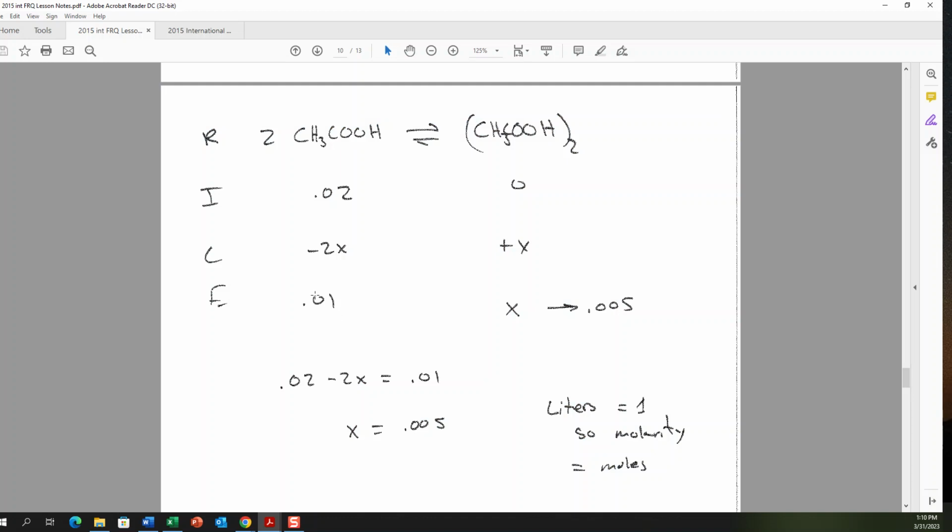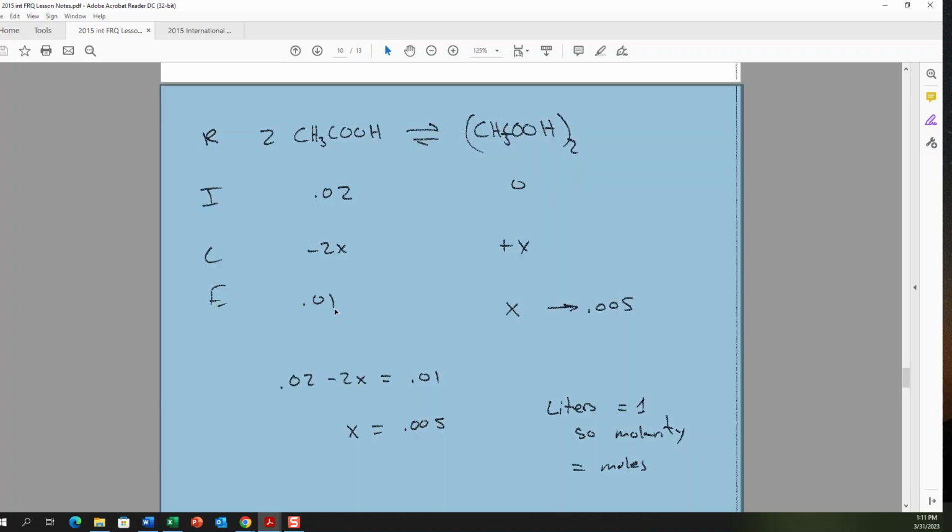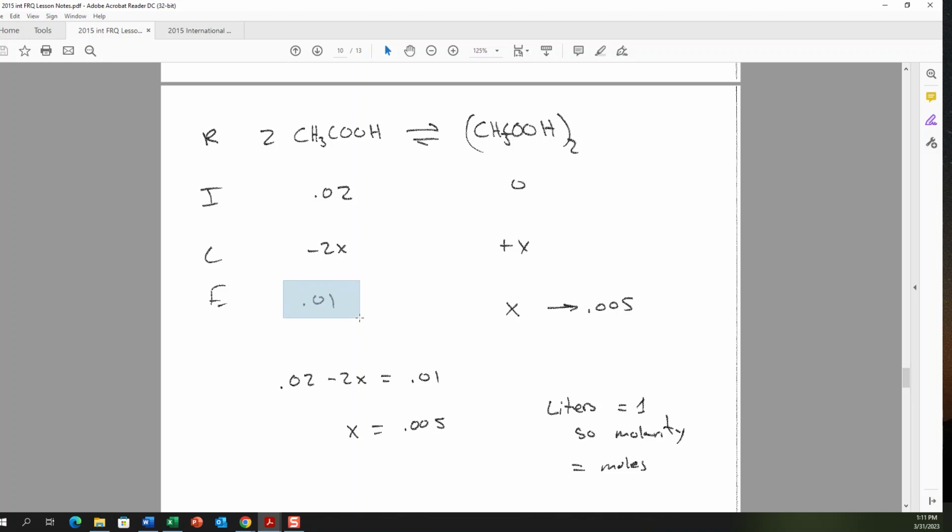And then remember, they told us 50% of the ethanoic acid reacts, so we'll have half of it remaining. Okay, so we can figure out what x is. x equals 0.005. So now we know that this is going to be 0.01, and this is going to be 0.005.